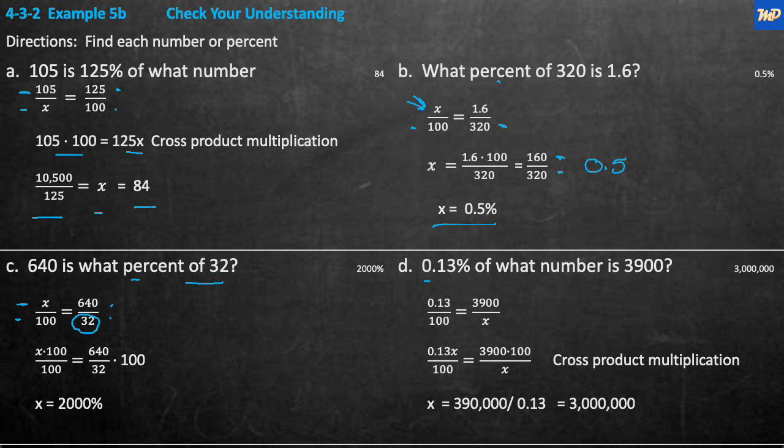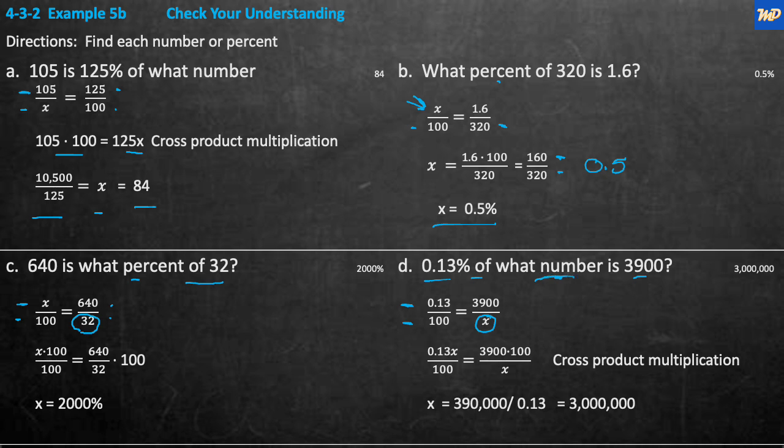This number here is the part. So 0.13% of 100 is equal to 3,900 over the whole number, because they want to know what number, of what number, 3,900 is a part.